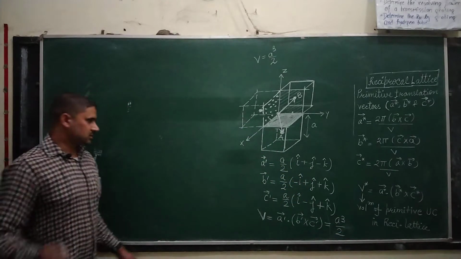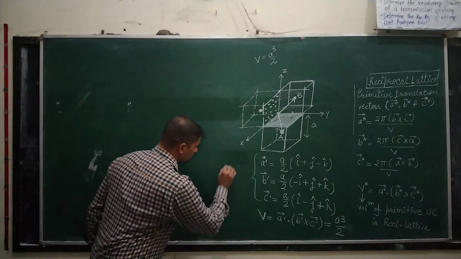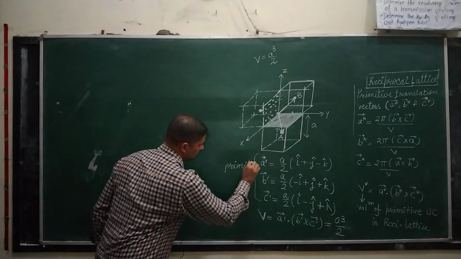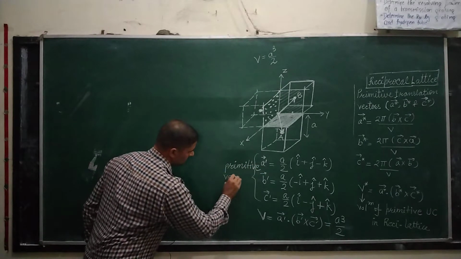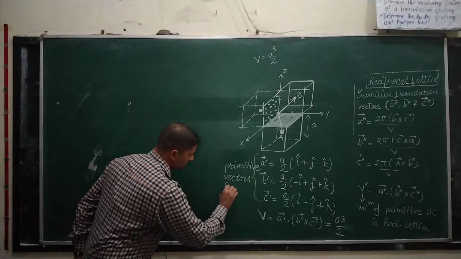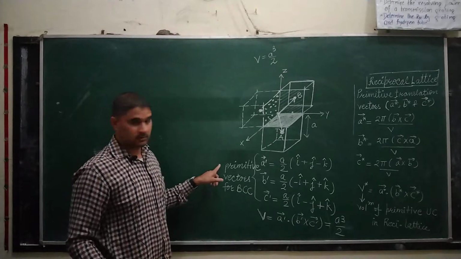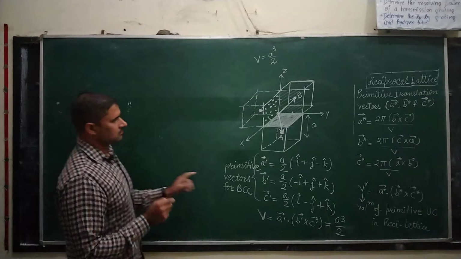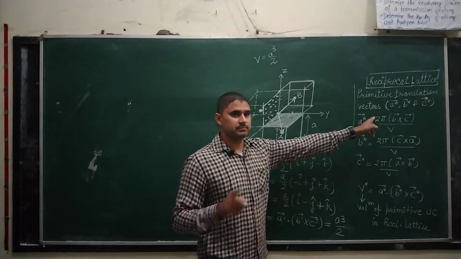This is your homework, and these are the primitive vectors for BCC.